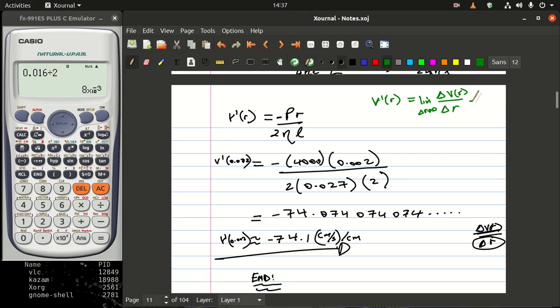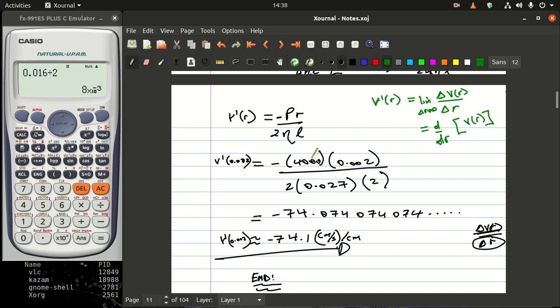This very same thing is the same as d/dr of V of r. Let me write it so that you can see. This is the same as d/dr, because r is the independent variable, and inside we have V of r. So we're taking the derivative of that. I wanted you to also know that.